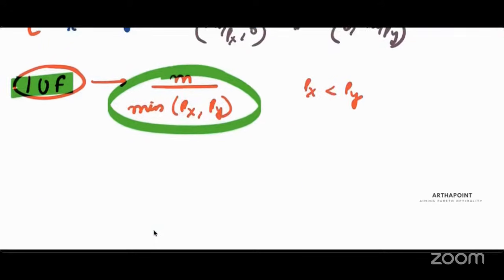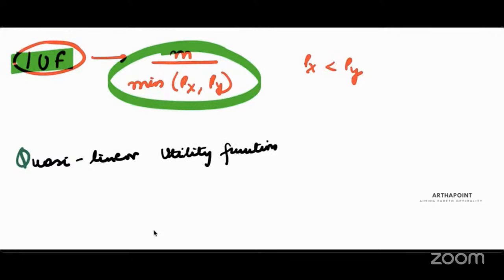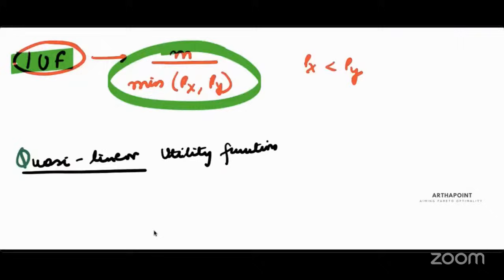Okay. Now, let's go to the last item. These are called quasi-linear utility functions. Now, what is quasi-linear? First of all, what does the word quasi mean?